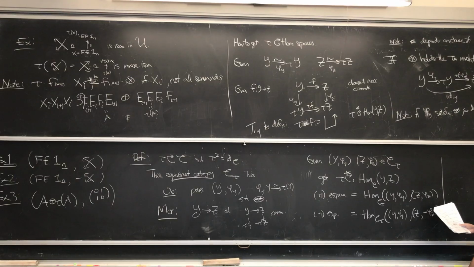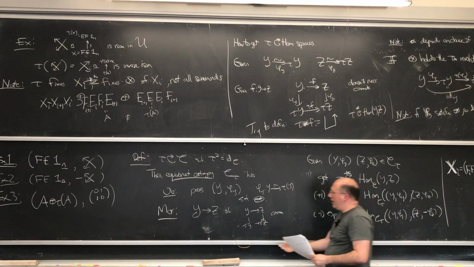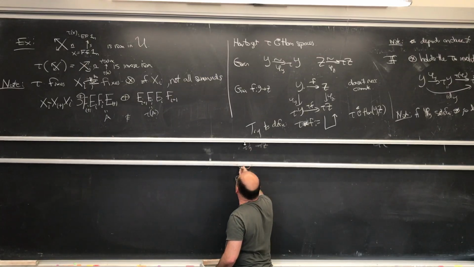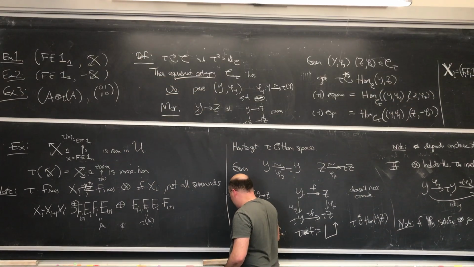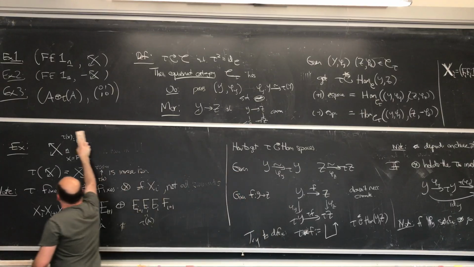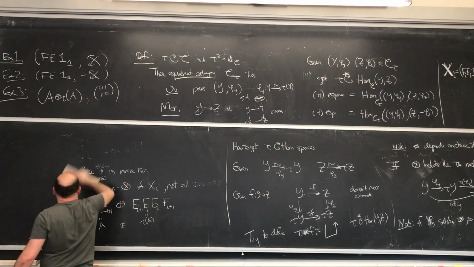So let me now define bold X_i to be F_i E_i 1_n together with this morphism that I wrote down before. Now, I'm just going to explain to you how you do a calculation in the equivariant category, because it's not an easy thing to compute.